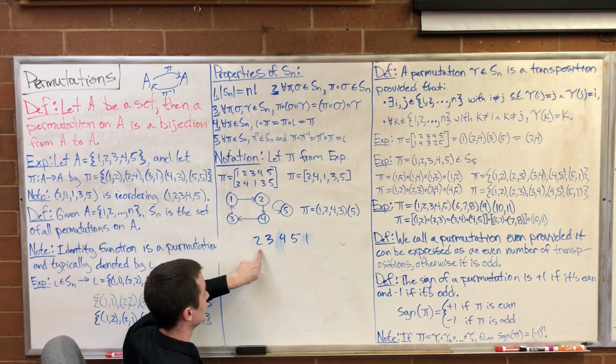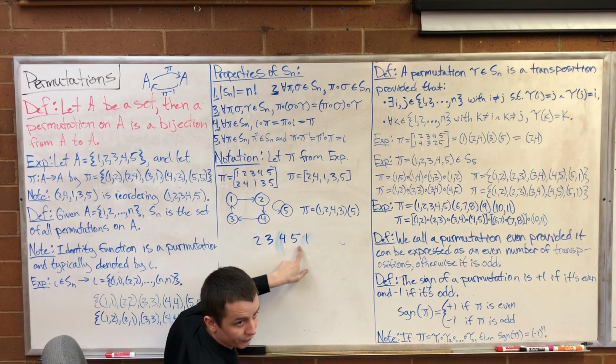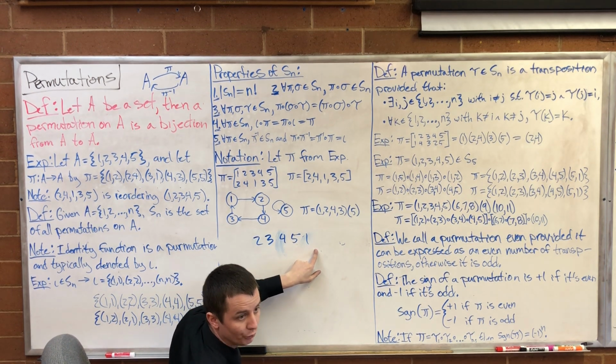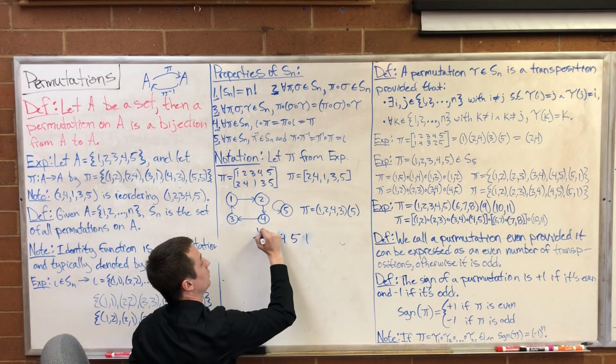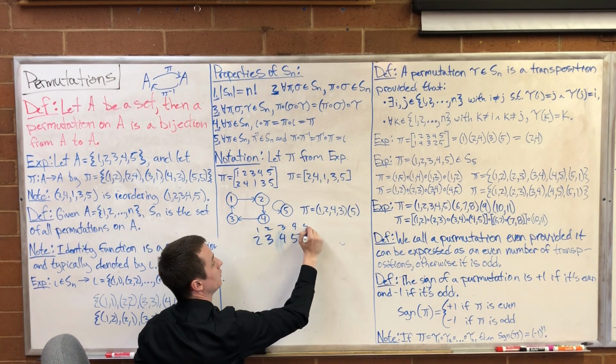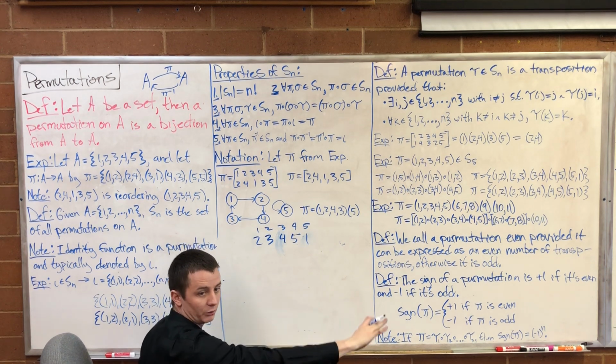So now 1 goes to 2, 2 goes to 3, 3 goes to 4, 4 goes to 5, 5 goes to 1. Remember, we were just messing with the outputs, right? The top row is still always 1, 2, 3, 4, 5. We were only messing with the bottom row.